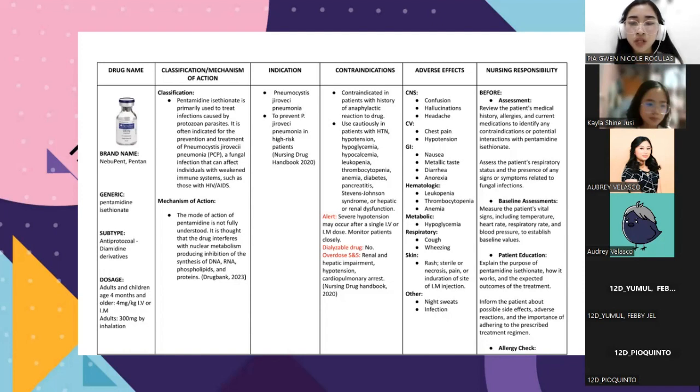So for the classification and mechanism of action, so pentamidine isethionate is primarily used to treat infections caused by protozoan parasites. So it is often indicated for prevention and treatment of pneumocystis jirovecii pneumonia or known as PCP, a fungal infection that can affect individuals with weakened immune systems such as those with HIV or AIDS.